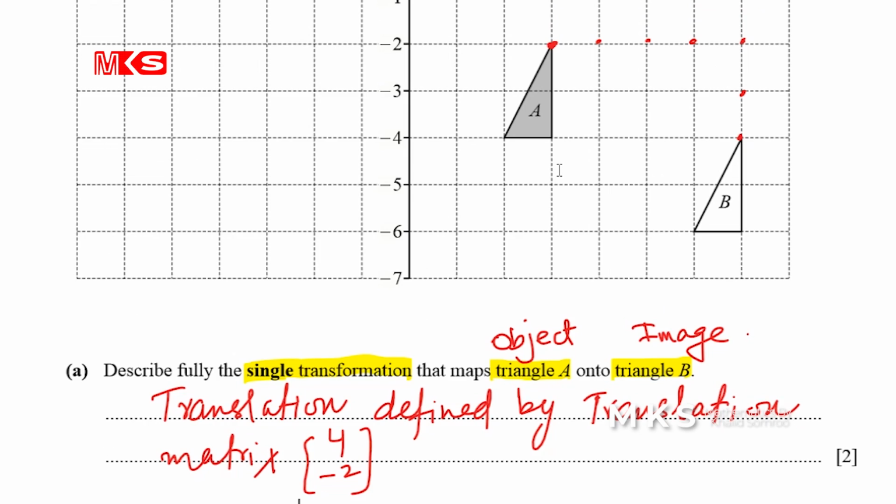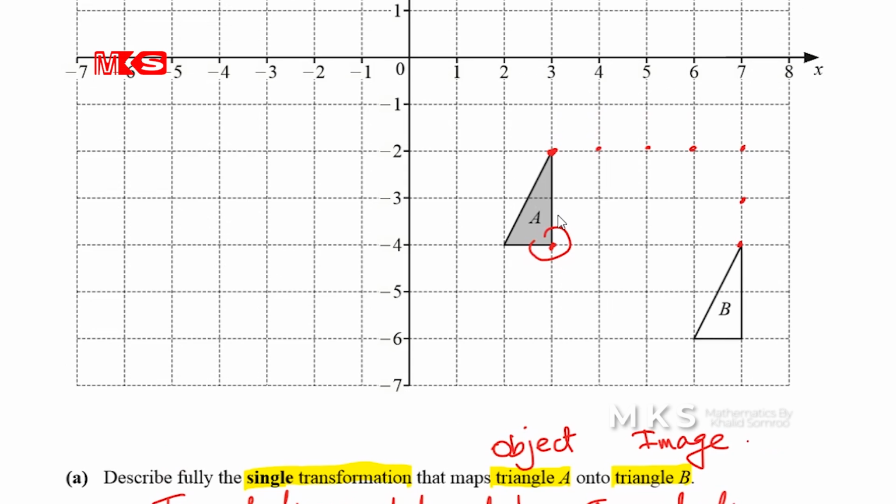The other way is, if I take any object, this corner which is making a right angle, this is the object and the coordinates are (3, -4) and its image is (7, -6). If you remember, we have talked about object plus translation matrix is equal to image. So the translation matrix will be image minus object.